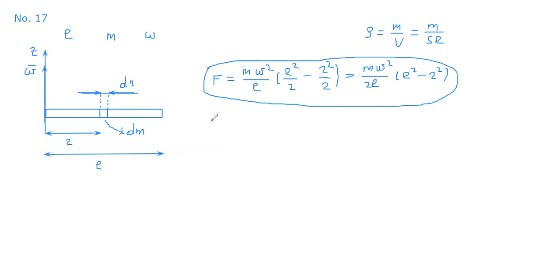According to this law, we have tensile strength that is equal to Young's modulus multiplied by epsilon. And let's use this Hooke's law for this small part of the rod.